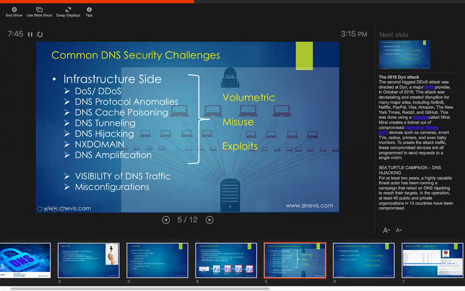We do see DNS protocol misuse or DNS service misuse, which is kind of protocol anomalies, NXDOMAIN. Again, NXDOMAIN can be volumetric. So I put at a high level 3 categories because this can be categorized in multiple categories, individual attacks. Some of the important ones which we are seeing today are, of course, DNS hijacking, DNS tunneling, DDoS, volumetric attacks, and protocol anomalies.